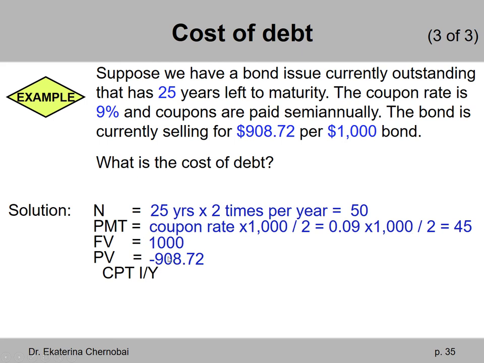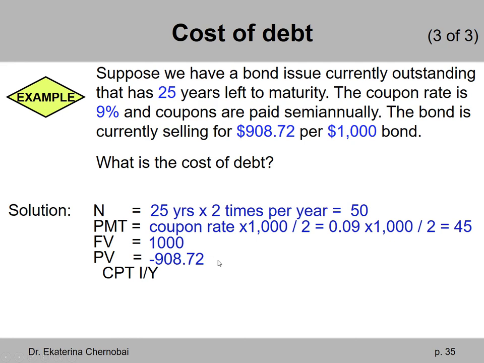So I used a negative sign for today's price on the bond, which means I need to use a positive sign for both the face value and the payment amount, the coupons. Or I could switch the sign. So I could also instead use minus 45 for the coupon amount, or PMT, and minus 1,000 for the face value of the bond, or FV. In that case, I would need to keep the bond price, which is PV in the calculator, as positive 908.72.